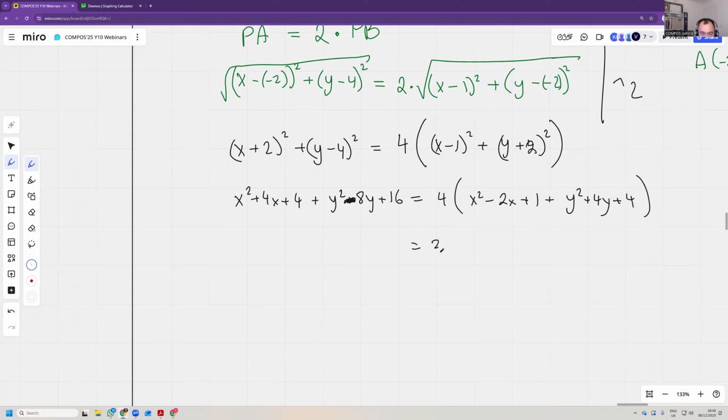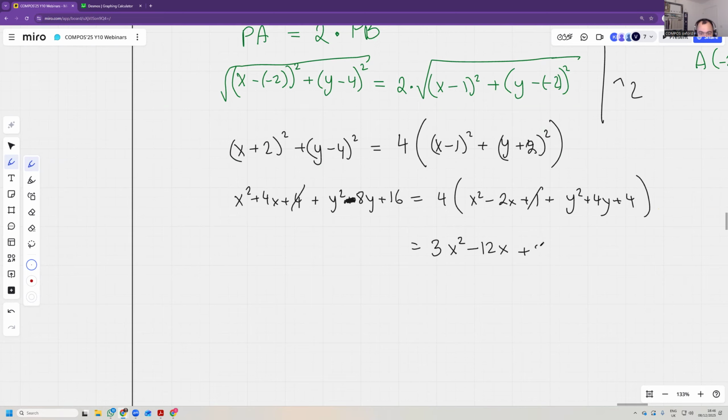So it's going to be 3x squared minus 8 minus 12x plus 4 plus 4. Ooh, that cancels with this. That's nice.